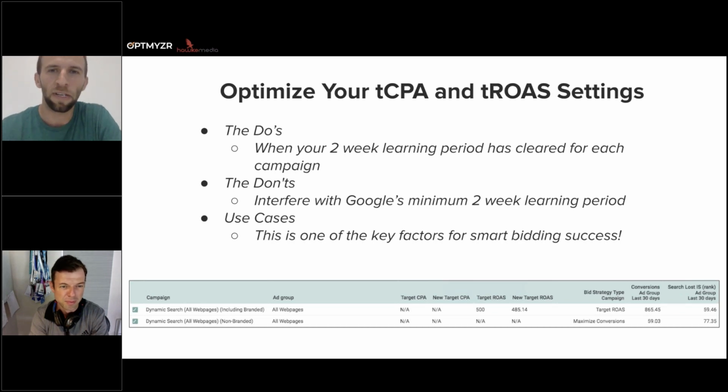You can scan your account with Optmyzr and see if there are opportunities, based on the impression share, the percentage of time your ad shows when it was eligible to show. If it wasn't showing when it was eligible to show, there's a reason for that, and it might be a poor ad rank. Well, what are we going to do about a poor ad rank? Well, you can bid up to help your ad rank. That's what this tool is looking at, and that's what it can do for you across the board.